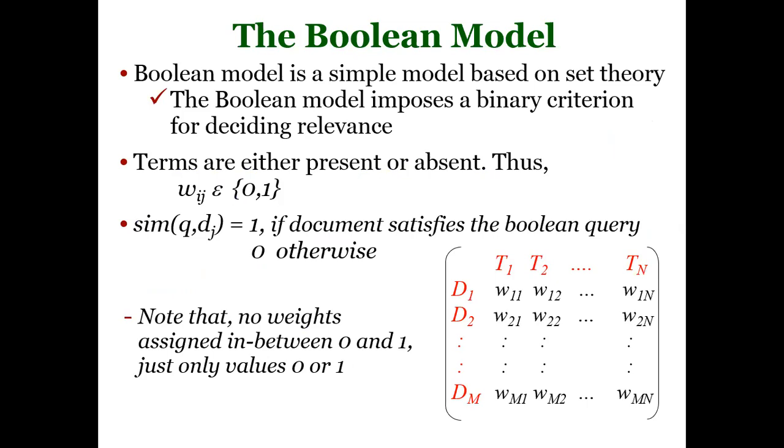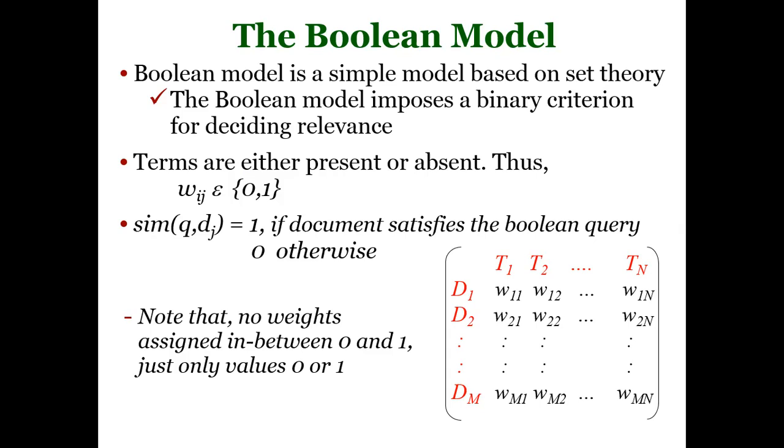One of the earliest information retrieval models is the Boolean model. The name itself is Boolean model, meaning it is using Boolean operators like or, and, not. So the matching technique is the use of logic operators.